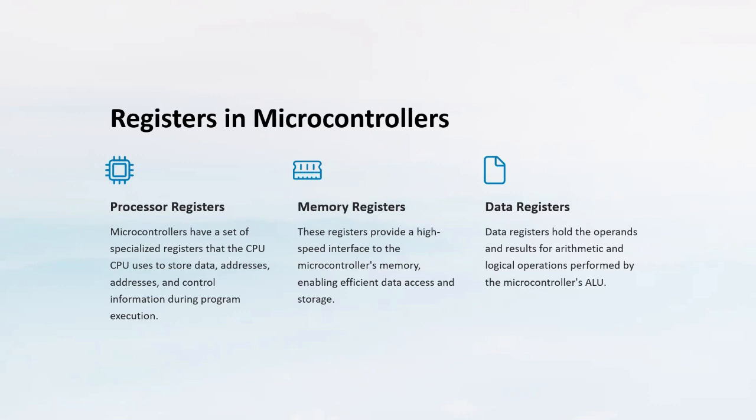The second type is the memory registers. These registers provide a high-speed interface to the microcontroller's memory, enabling efficient data access and storage. Data registers hold the operands and results of arithmetic and logical operations performed by the microcontroller's ALU.